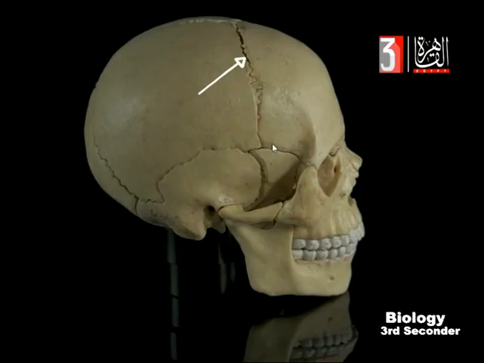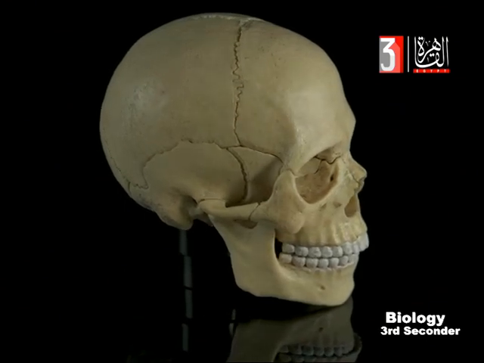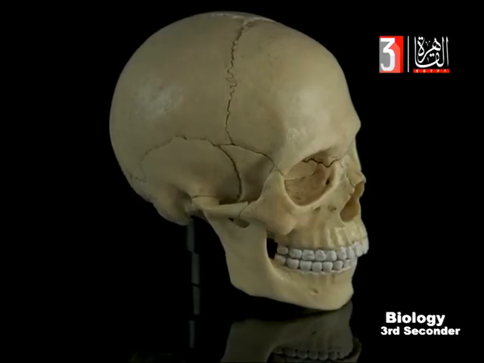So the cerebral part of the skull contains 8 bones attached firmly together, forming a cavity to protect the brain inside it. This is the serrated tips that attach to the anterior part.